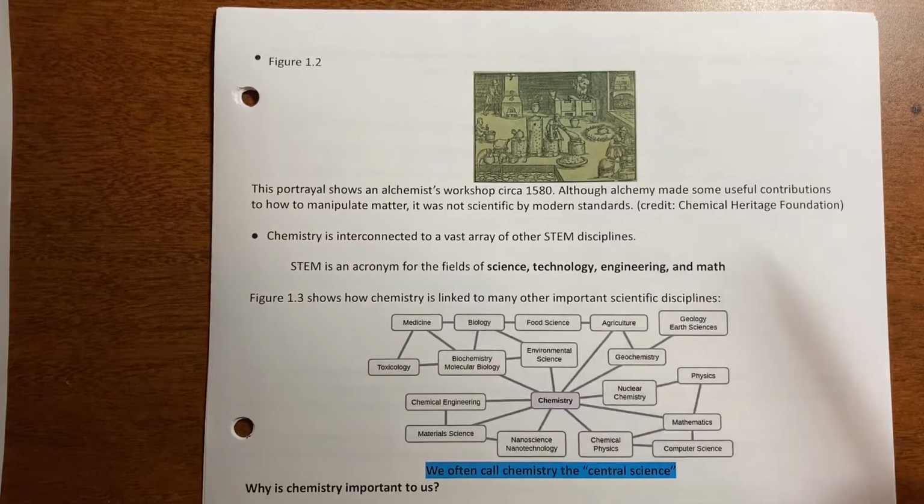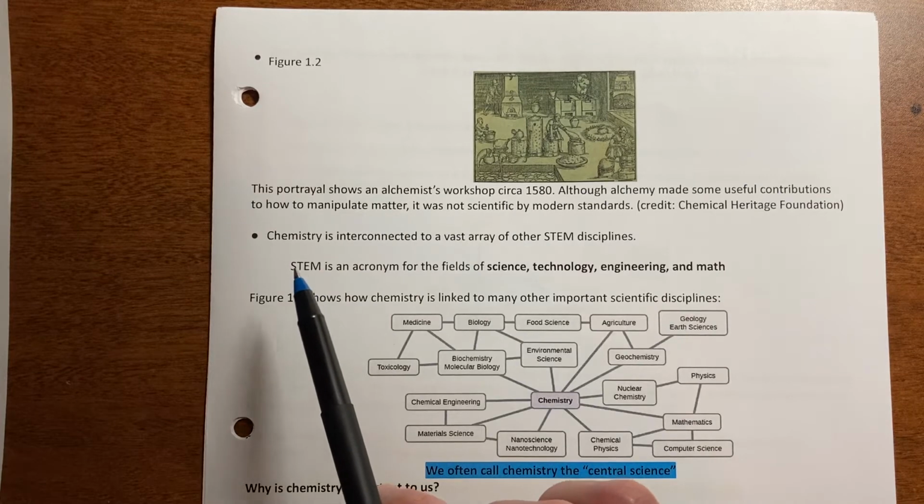This just shows a work around 1518 of an alchemist, what a laboratory might have looked like back 400 years ago. But it was more considered magic instead of science. They didn't really know a lot about chemistry like we do today. So they were, like I said, trying to convert other elements into gold, which they were never successful at.